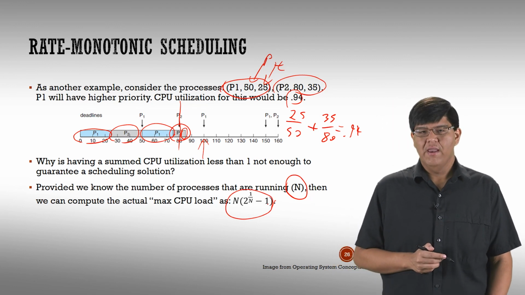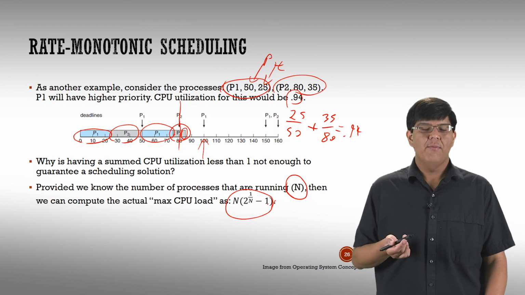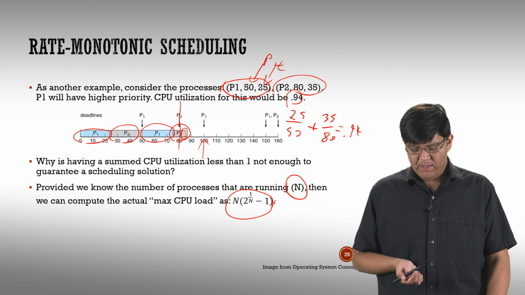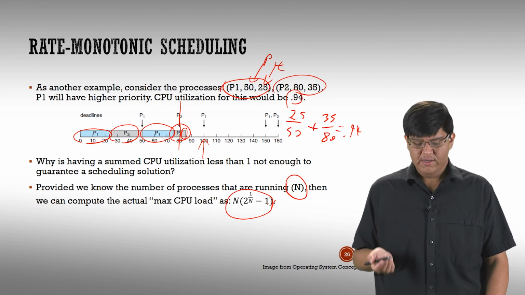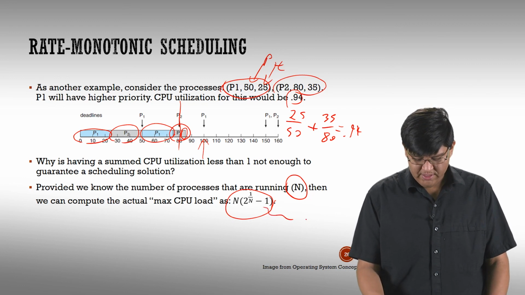What this formula is doing is giving us, for a number of processes, what CPU utilization we can target. So you can plug in 1 or 2 or 3, whatever number of CPUs you have in your system, and from that you'll be able to compute the CPU utilization you can expect. What happens is this falls off, I think to maybe 0.70.